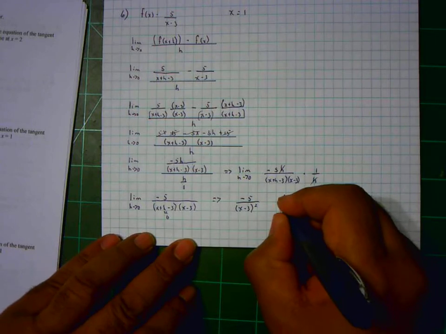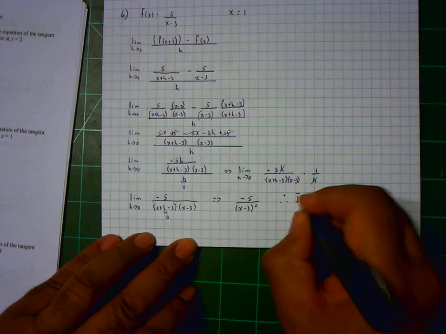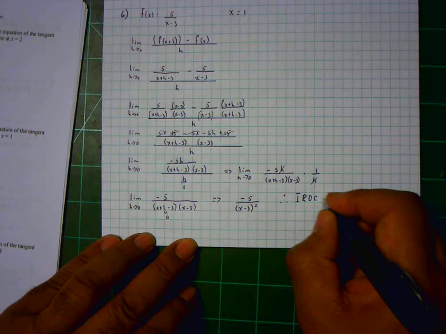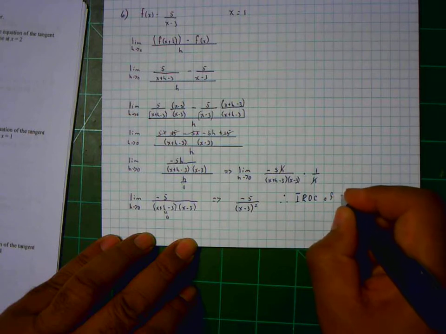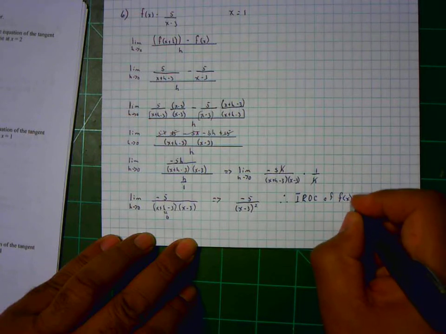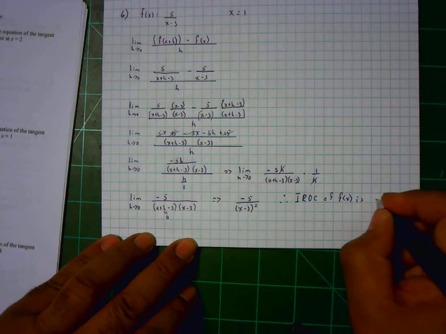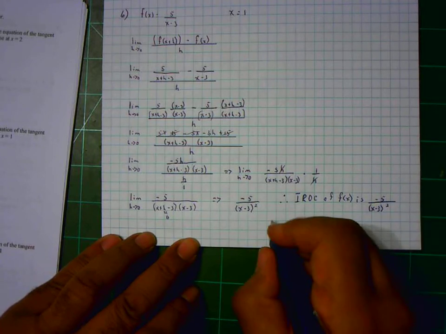So therefore, my instant rate of change of f of x is negative 5 over x minus 3 squared.